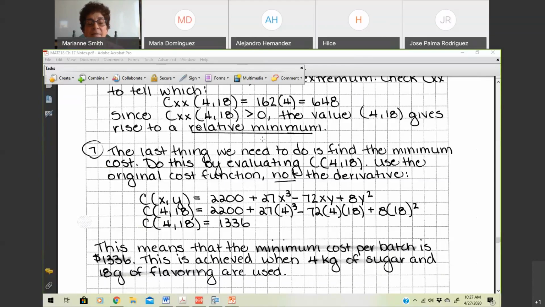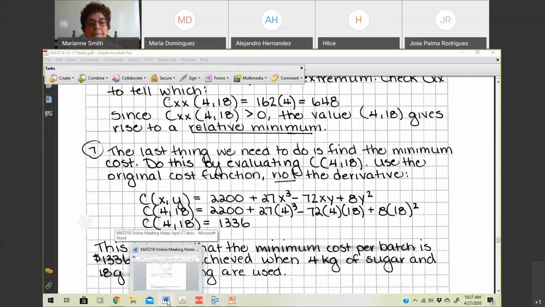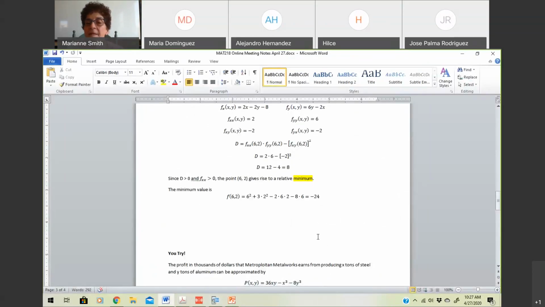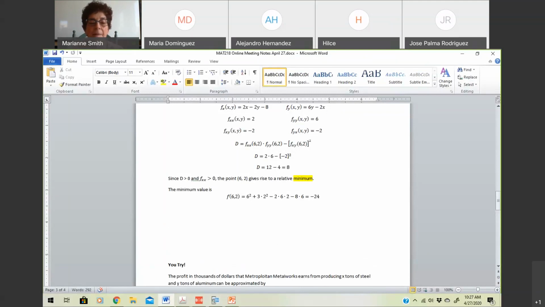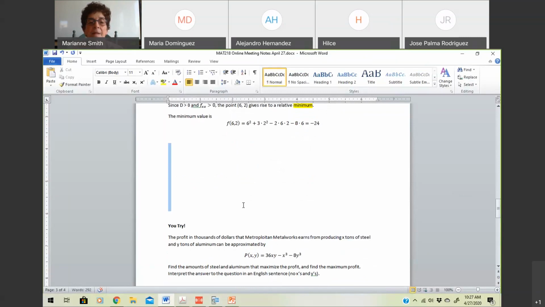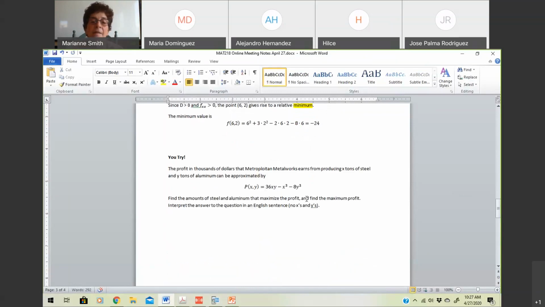Okay, the only thing we have left to do is to have you try one of these. Right, and that's what I have up here. I said the profit in thousands of dollars that Metropolitan Metalworks earns from producing X tons of steel and Y tons of aluminum can be approximated by this equation.